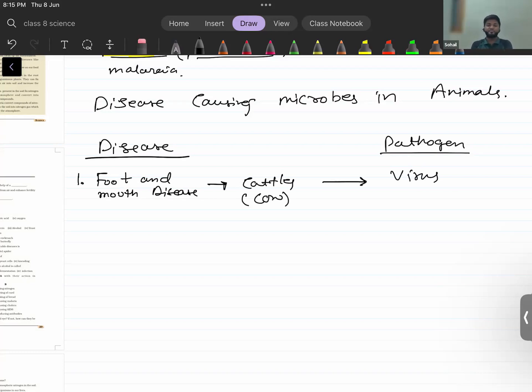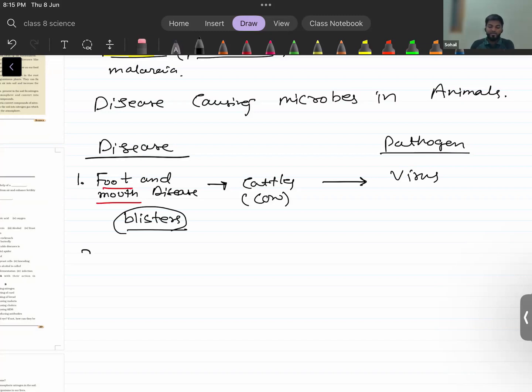The cattle suffers from blisters on his mouth and on his feet. You know what blisters are?